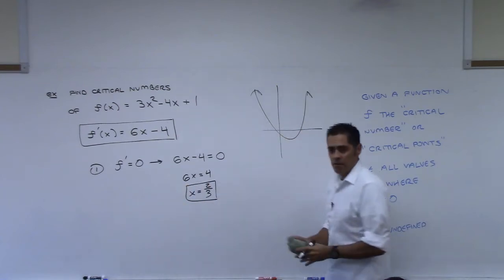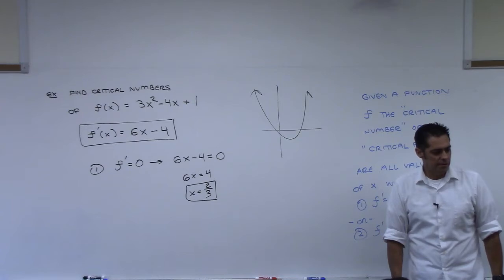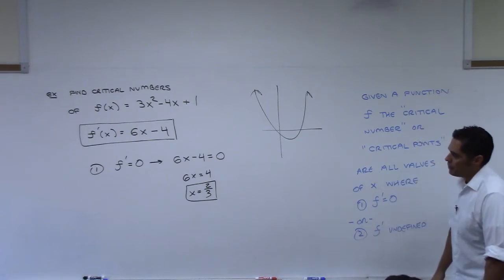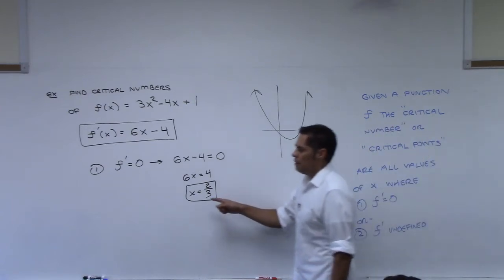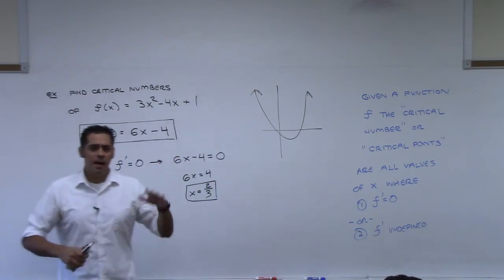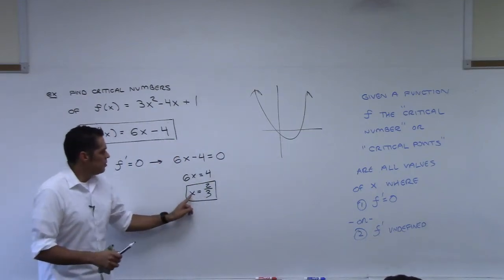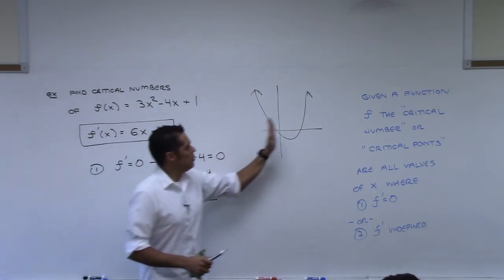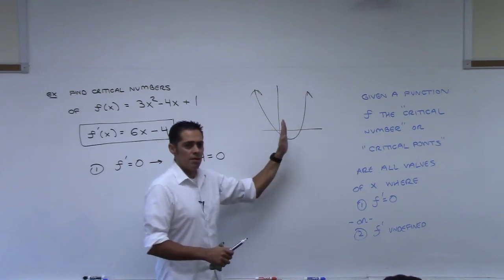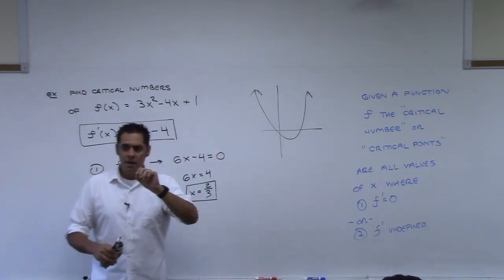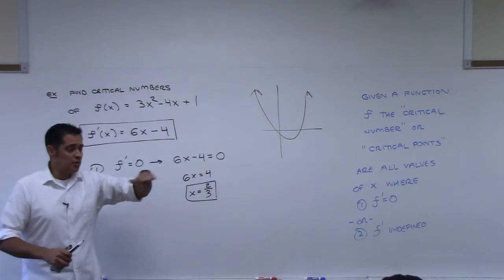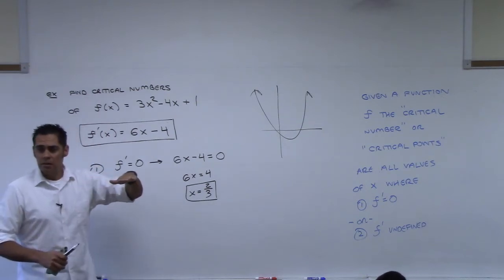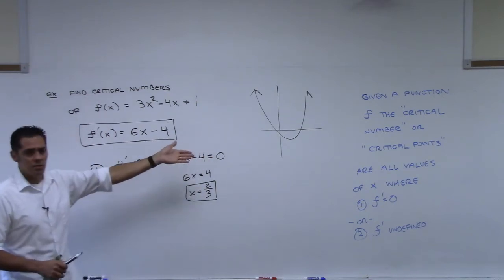Is that okay with you? Yeah? So this is telling me that when I look at my graph, if I move on my x-axis to 2/3 and look at the function, I'm going to have a slope of a tangent line of 0 there. And what do you think that corresponds to on this parabola?